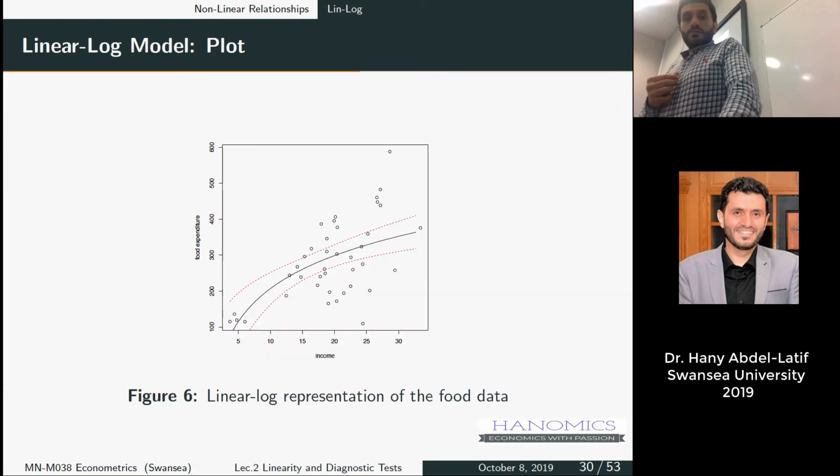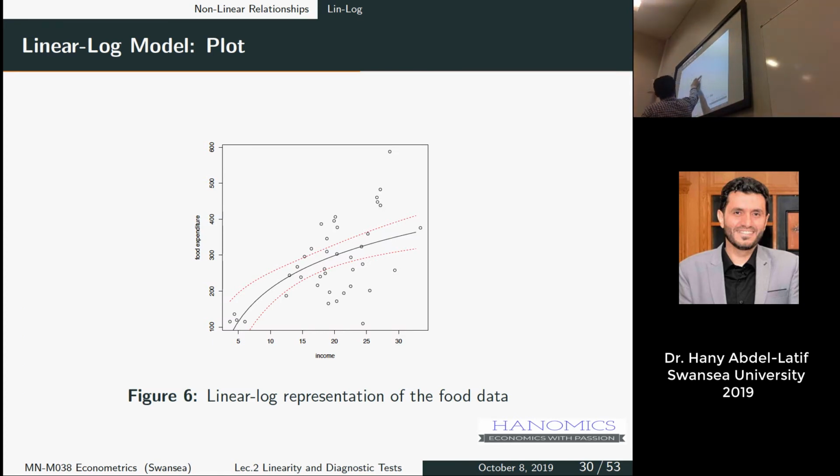Okay, so this is again plotting the data. This is what I was talking about. So if you believe, this is income. When income increases, well, food expenditure increases, but at some point the curve becomes more flat, because after some level of income, when your income is very high, you're not really going to increase your spending on food that much.